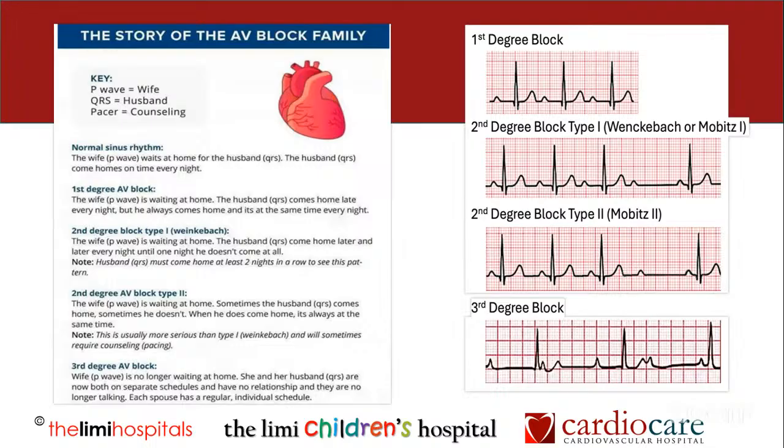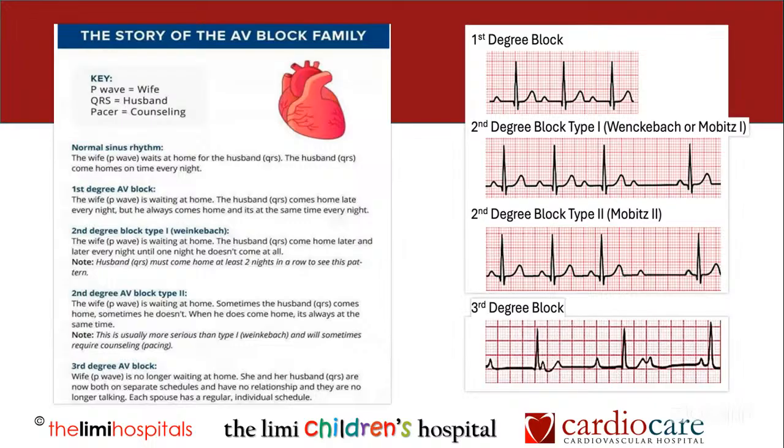The first day, the guy comes at 9 p.m. The second day, he comes at 11 p.m. The third day, he comes at 12 midnight. And the fourth day, he just decided, what's the stress? Let me just stay out. So the PR interval continues to increase until it gets to a point that the guy just refuses to come. Then the cycle starts all over again. That is the second degree type 1.